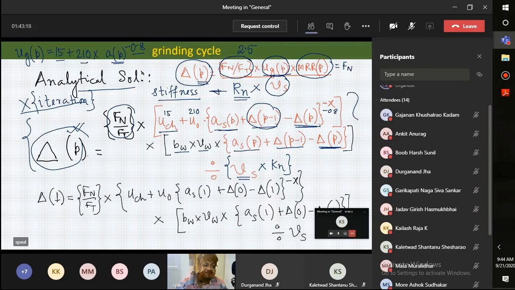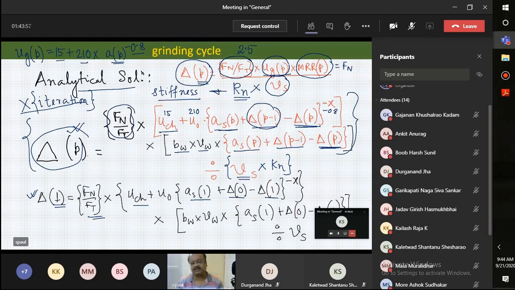However, this is not 0, this is what you are trying to calculate, into BW into VW into AS plus this. This is once again 0 because this is the first pass. This is not 0. This is the same thing over here divided by VS into Kn. Kn I was missing everywhere. So in this way, the analytical solution can be done.